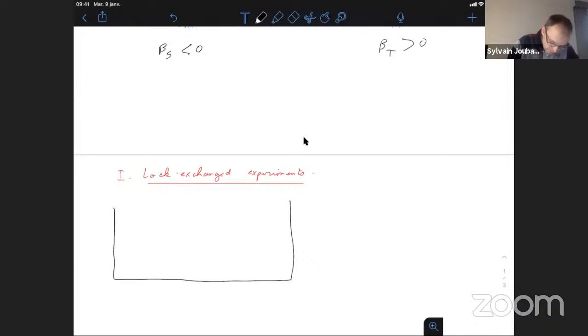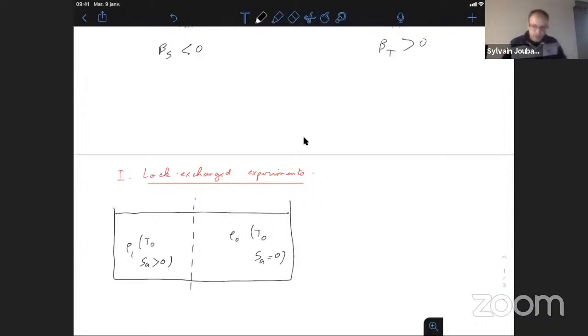In the tank, you have two sides. On the first side, you have a fluid at density ρ0. We will assume the same temperature, T0, and here, no salt. On the other side, you have a density ρ1, same temperature, but S_A positive. So the fluid on the left is denser than the fluid on the right.